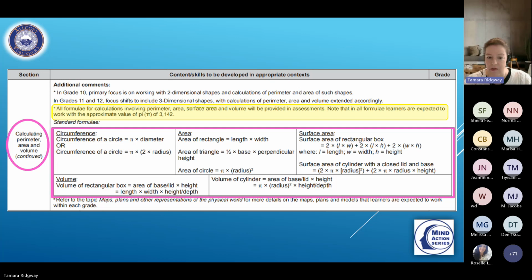For surface area, only the formula for two shapes are given: surface area of a rectangular box and surface area of a cylinder. Those are the only two formula that CAPS says they're expected to know. And for volume, it is volume of a rectangular box and volume of a cylinder.